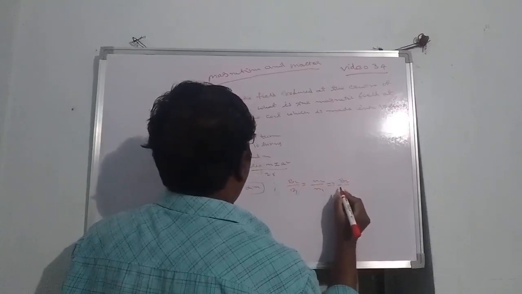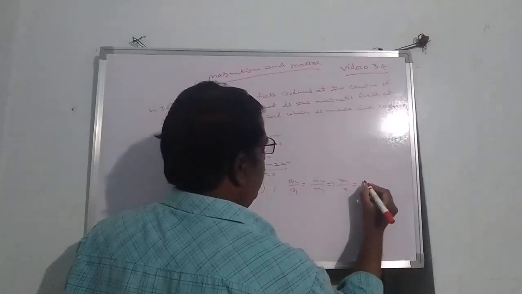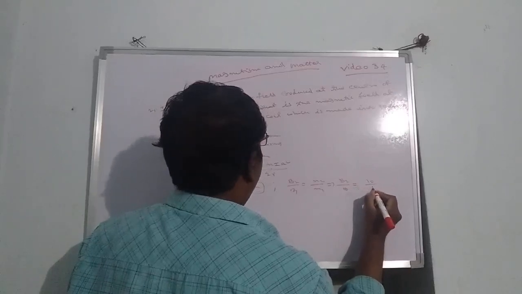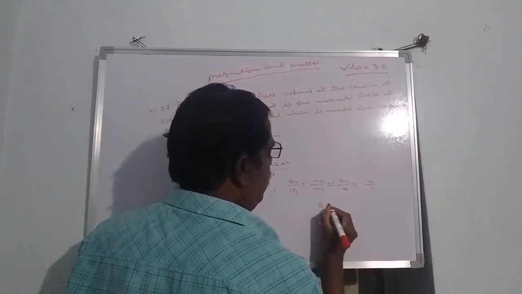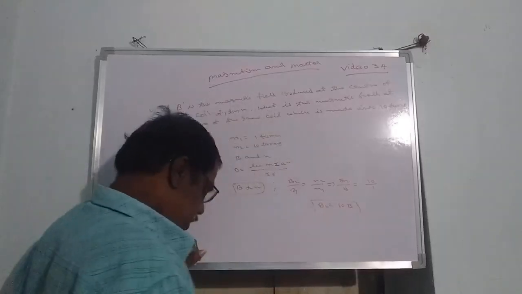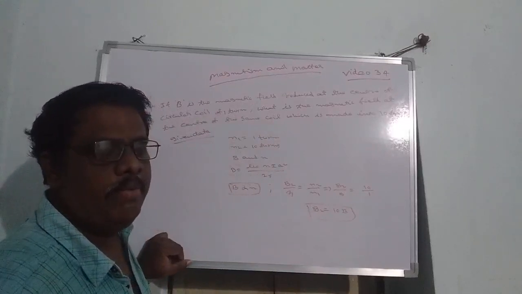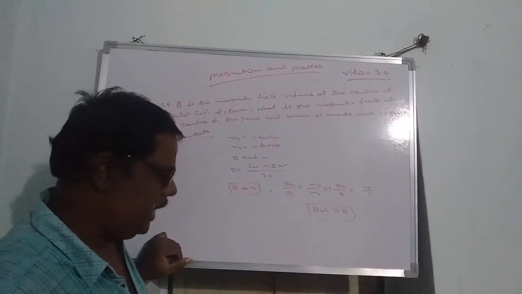Therefore, B1 will be B, N2 will be 10, N1 will be 1. Therefore, B2 is equal to 10B. This is the answer. So, B2 is equal to 10 times the magnetic field produced in the first case.